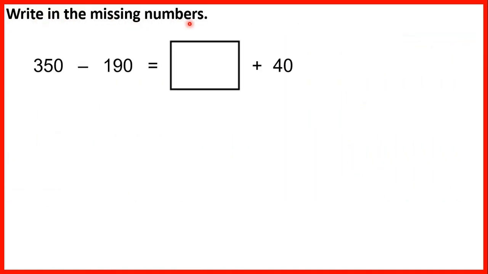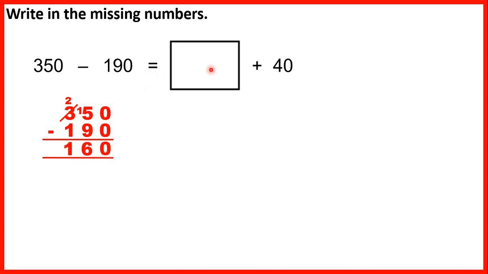Write in the missing numbers. We have 350 minus 190 equals something plus 40. So we need the same value on both sides of the equal sign. So first let's work out 350 minus 190. That's 160.